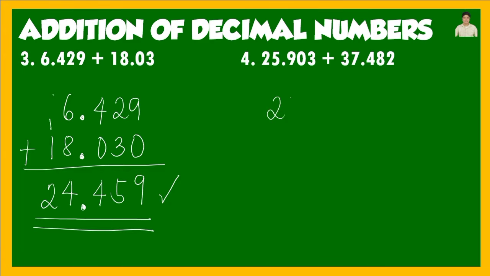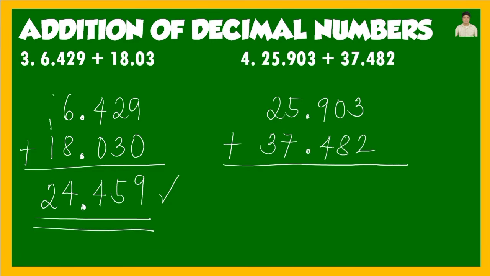So, 25 and 903 thousandths plus 37 and 482 thousandths. So, let's add. 3 plus 2, 5. 0 plus 8, 8. 9 plus 4, 13.